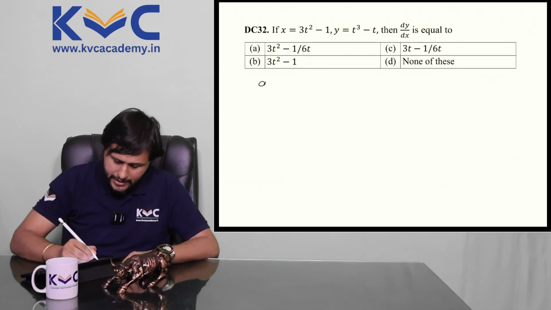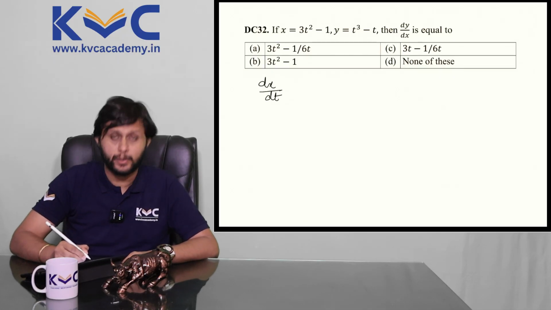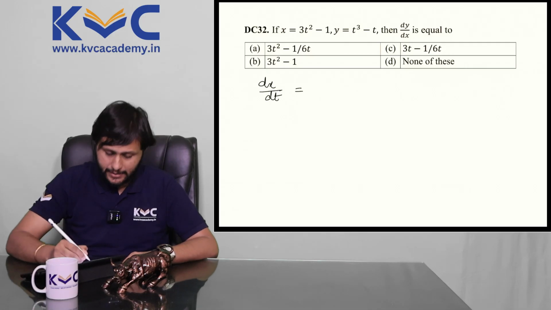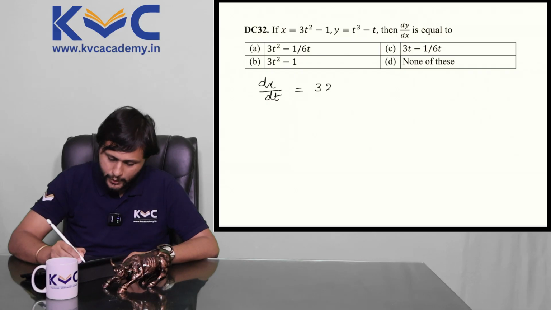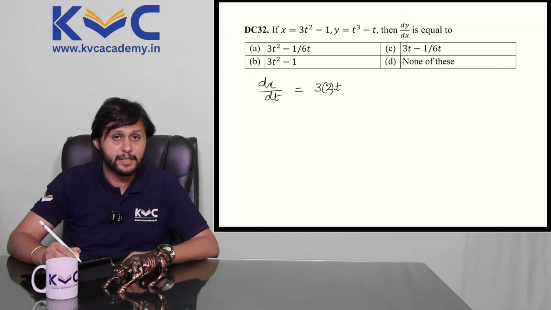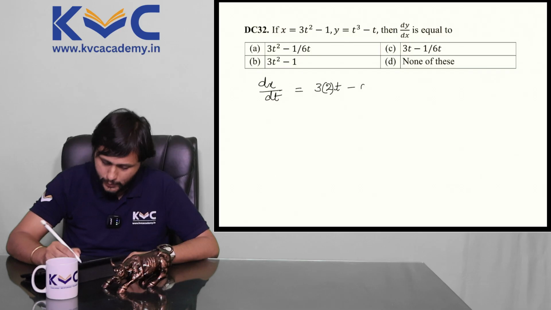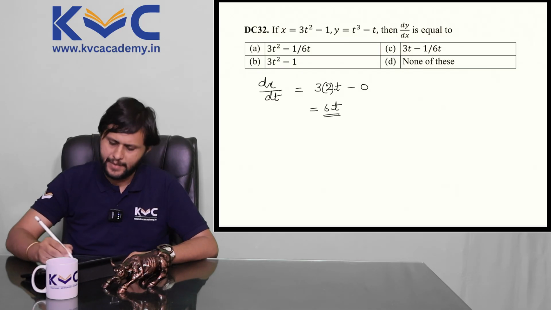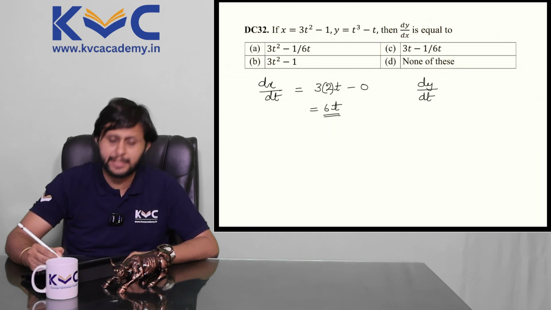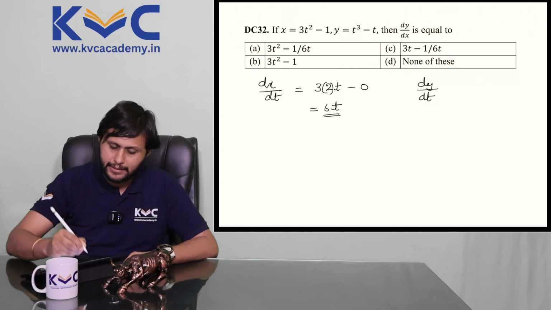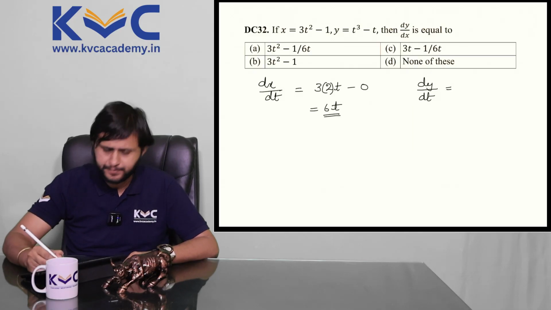Okay. dx by dt equal to differentiation of 3t square. 3 is constant. Differentiation of t square is 2 into t. Differentiation of minus 1 is 0. 3 2s are 6. Final answer is 6t. And dy by dt, differentiation of y with respect to t. t cube minus t is given.